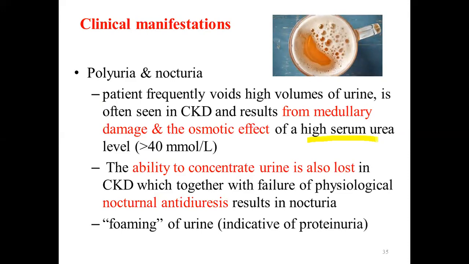If the blood urea nitrogen is very high, it has an osmotic effect and ultimately causes polyuria. Then apart from that, the physiological effect of nocturnal antidiuresis will be lost because of kidney derangement, and the patient will end up urinating at night time. We call it nocturia, when they are sleeping.